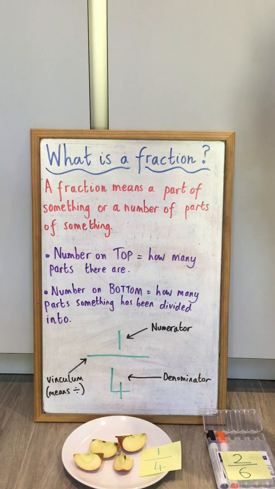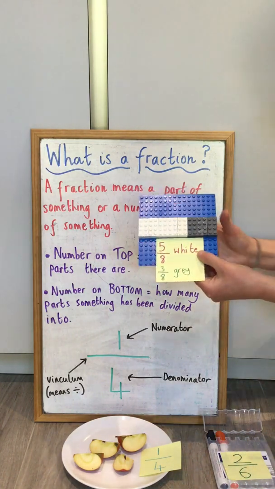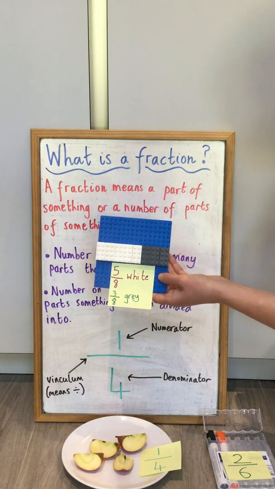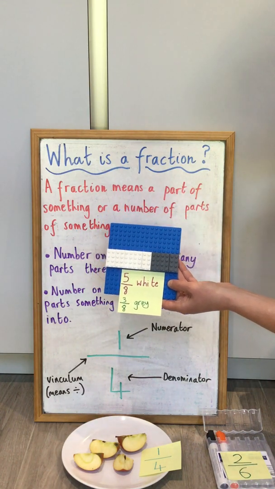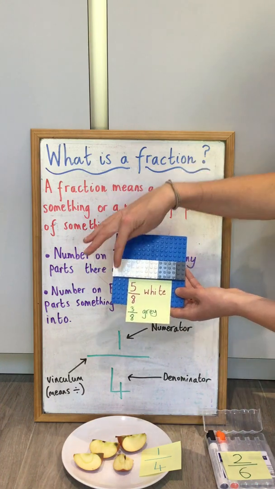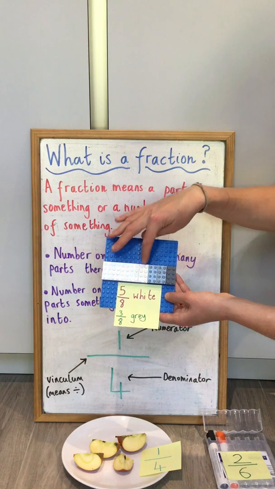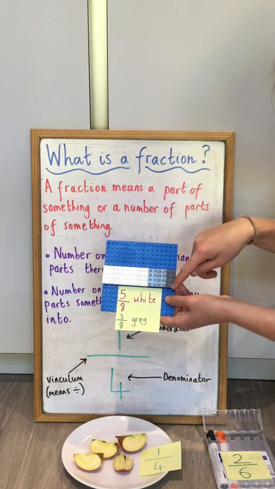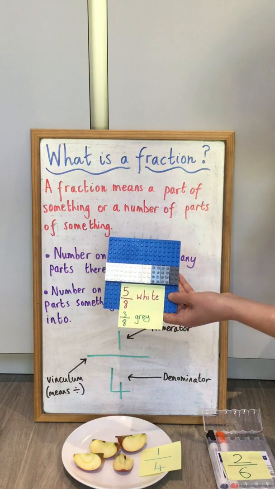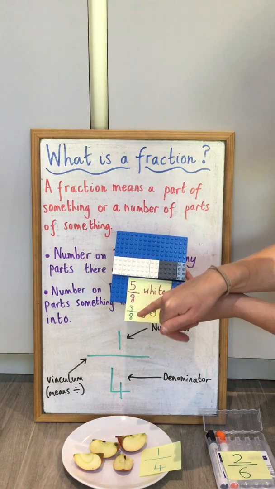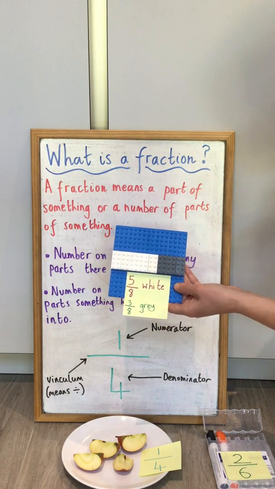For my final one, I've used some Lego. I built a strip here made up of white and grey Lego pieces. You can see that I've got 1, 2, 3, 4, 5, 6, 7, 8, so I have a total of 8 bits of Lego.